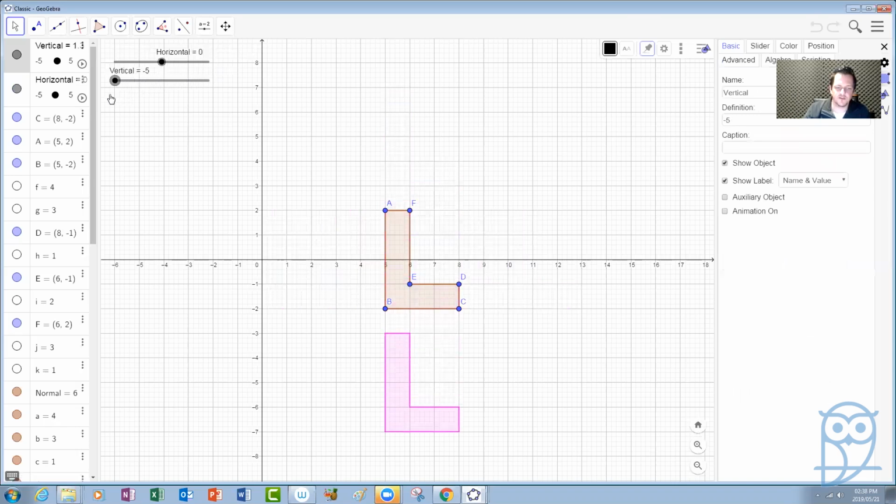It's just being moved up, down, left, or right. But more importantly, you can do more than one together. So you can move it up, say, 3 units, and then move it to the right, let's say 4 units.